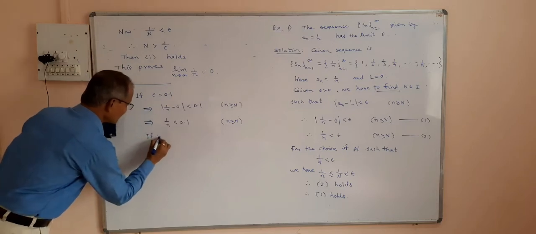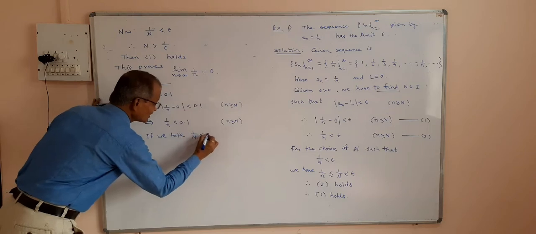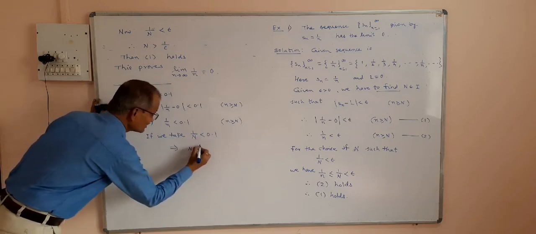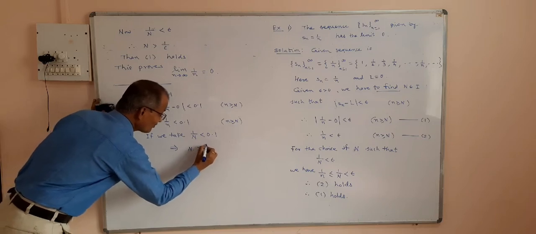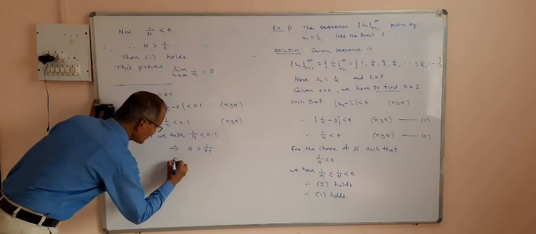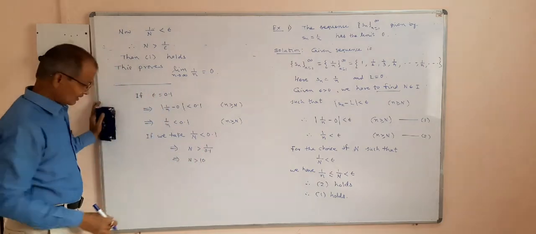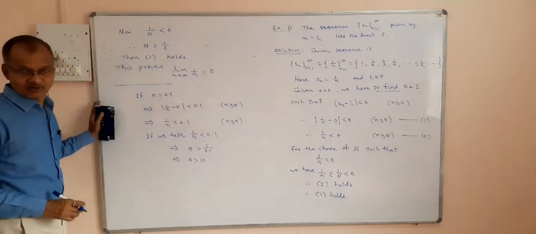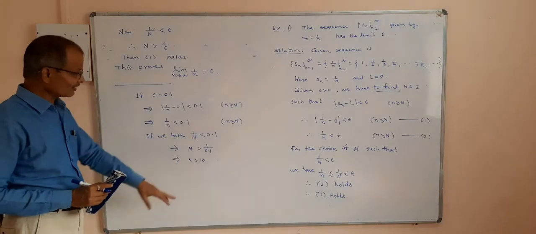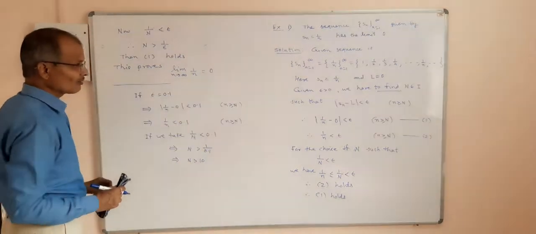If we take 1 by capital N is less than 0.1, then this implies, take the reciprocal, N is greater than 1 by 0.1, or that means N is greater than 10. 1 upon 1 by 10, that is 10. And thus if you consider the term n greater than 10, then the distance between 1 by n and 0 will be less than 0.1.